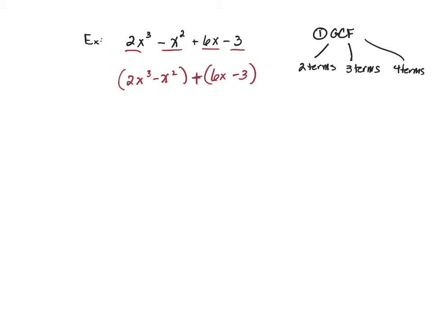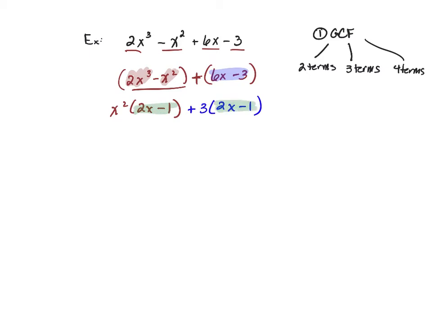Now we GCF each of these, okay, in this one group. And it looks like I can take an x squared out of both, leaving me with 2x minus 1. And I look at the second pair, and I check for a GCF. Looks like I can take a 3 out, leaving me 2x minus 1. Now I can see I have a common factor in each of these terms.